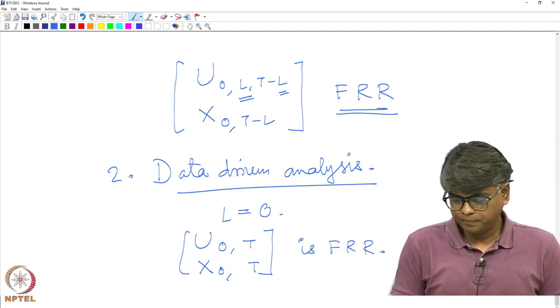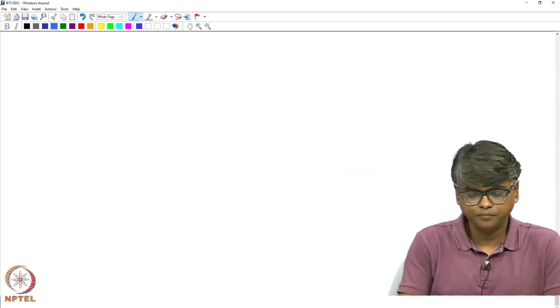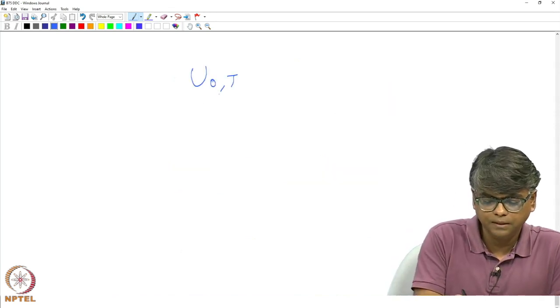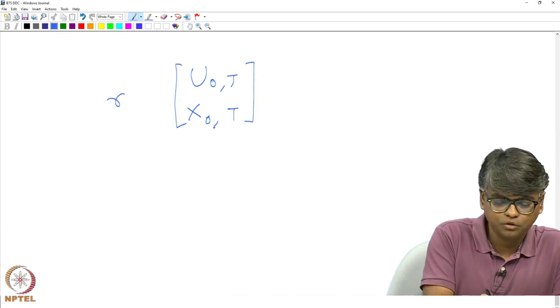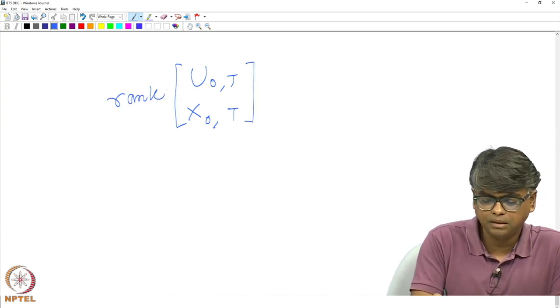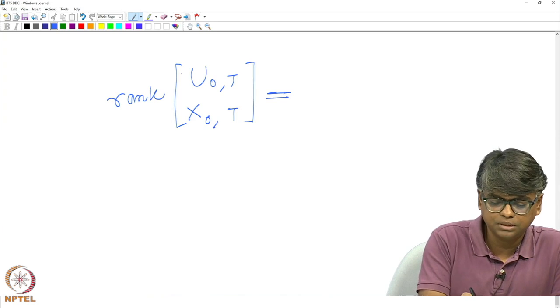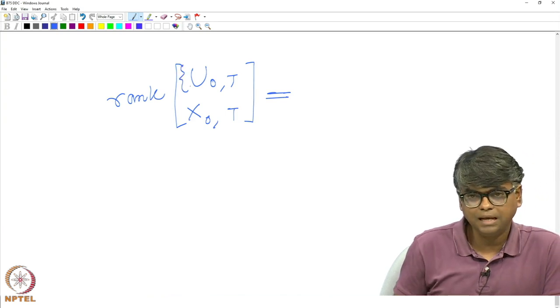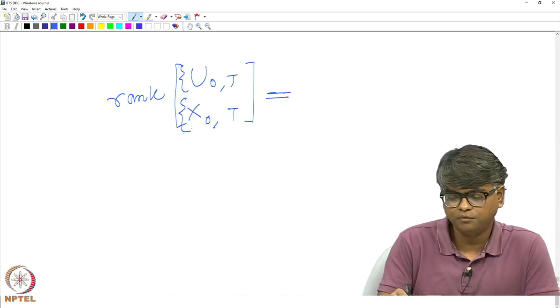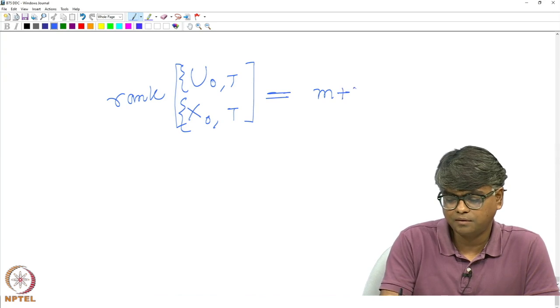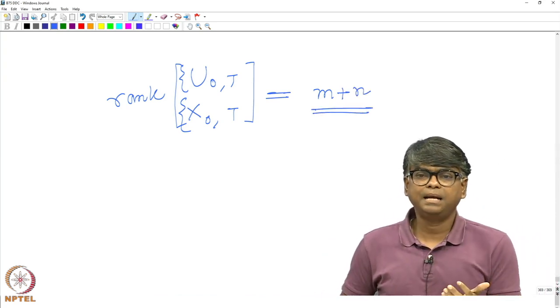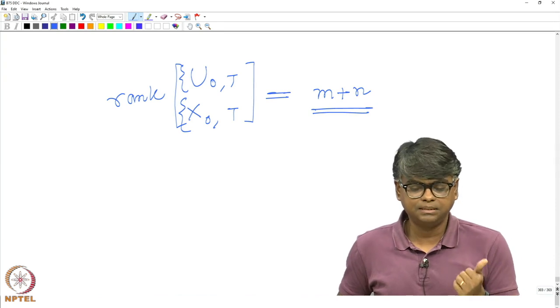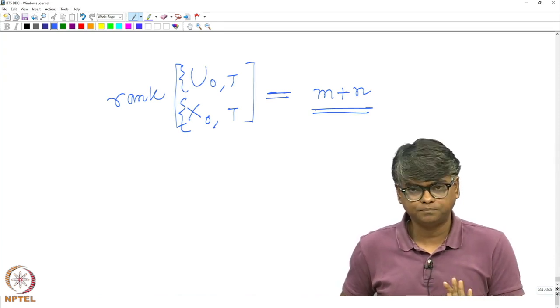What does that mean? That means the rank of this matrix U 0 t x 0 t, what is the rank of this matrix? We are assuming that the rank of this matrix is equal to the number of rows here. How many rows are here? There are exactly m number of rows, here exactly n number of rows. So, I am assuming that the rank of this guy is m plus n. That can be guaranteed by assuming that the input is persistently exciting of order n plus 1.